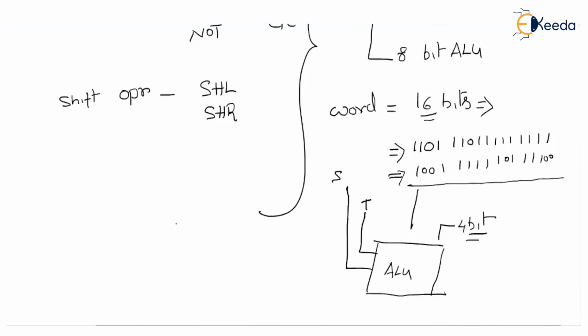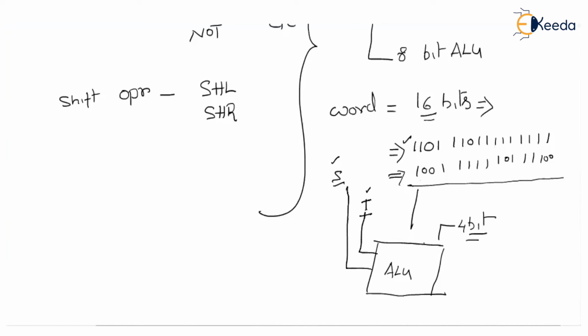In addition to all the registers that we have discussed, ALU also has a few local registers, in fact two in number. One is S, one more is T. Before we perform the operation, we should be able to feed this S and T with the operands. That is, we need to transfer the contents of the first operand to S, and transfer the contents of the second operand to T.